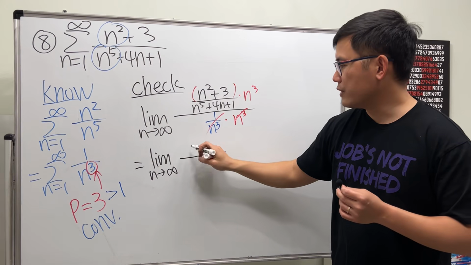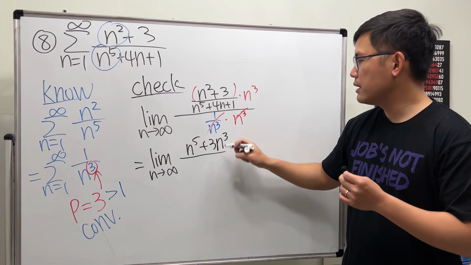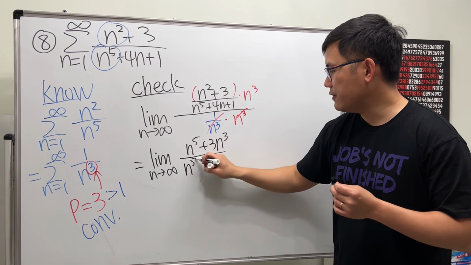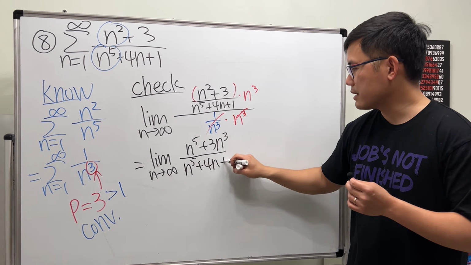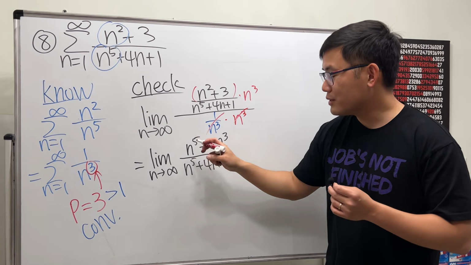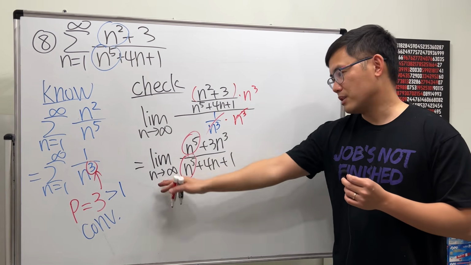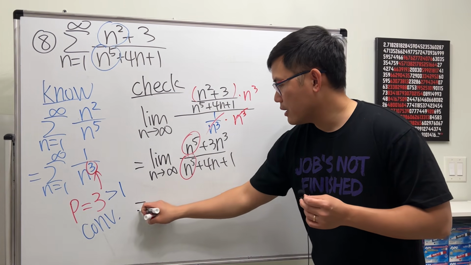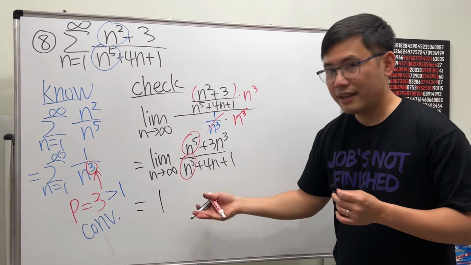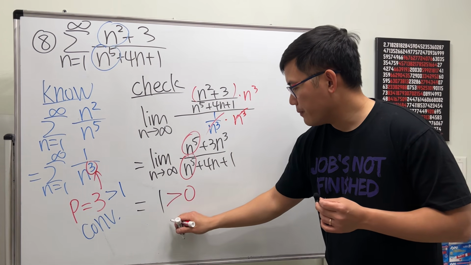So this is n to the fifth plus 3n to the third, and the bottom is n to the fifth plus 4n plus 1. And when we have such situation, just compare this and that, because n goes to infinity. Reduce to 1, and that's the limit.